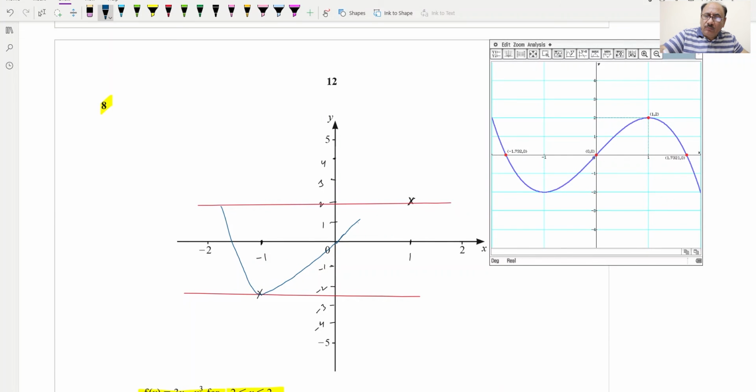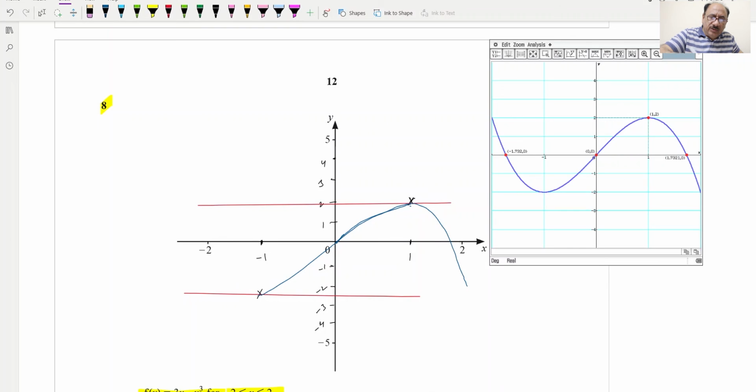So from 1, this one, and this one, and from here it should go like this. So roughly this will be our sketch.